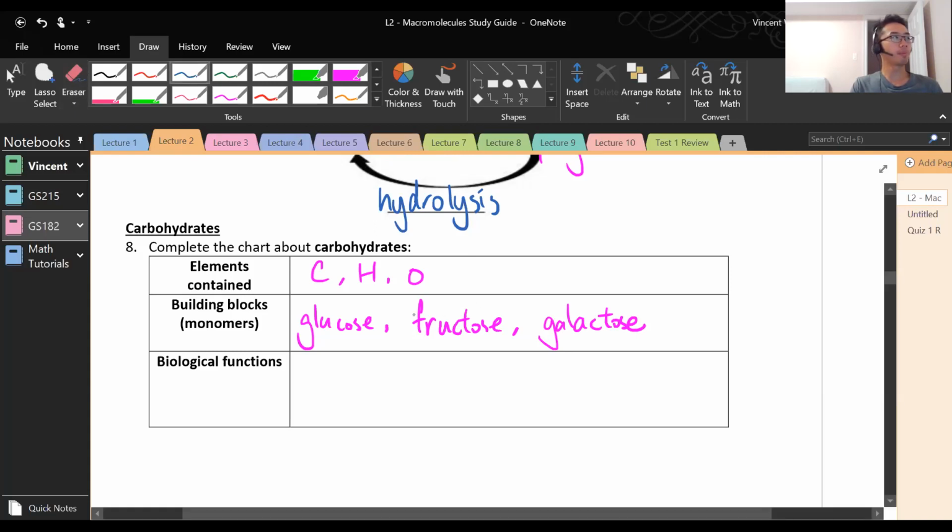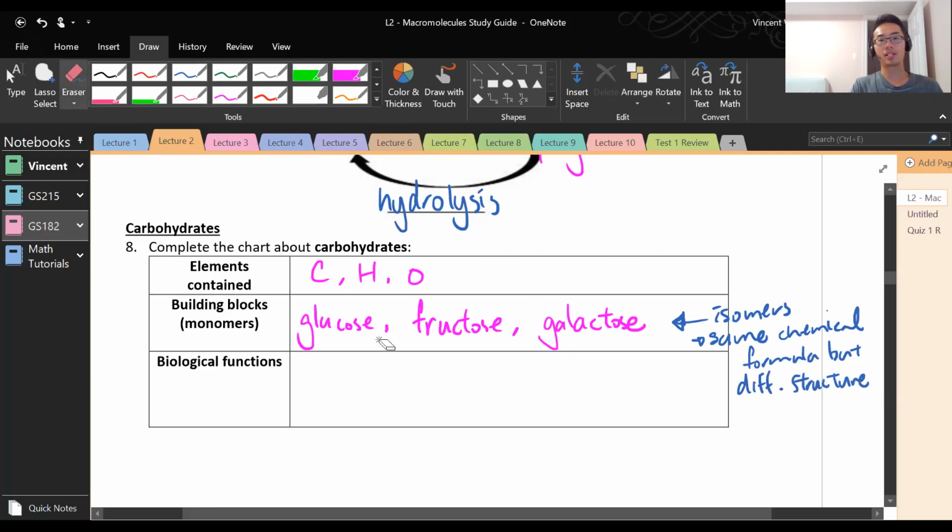It's probably worth mentioning that these are all isomers, meaning they have the same chemical formula but different structure.